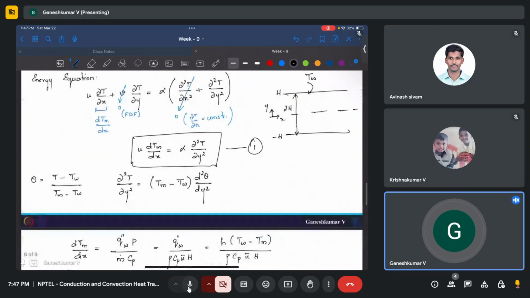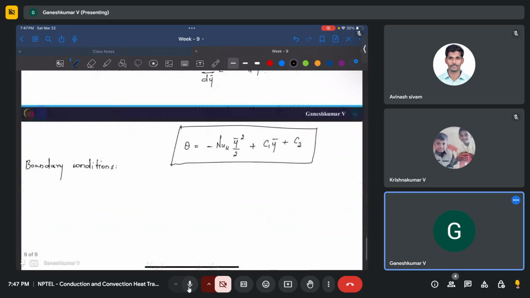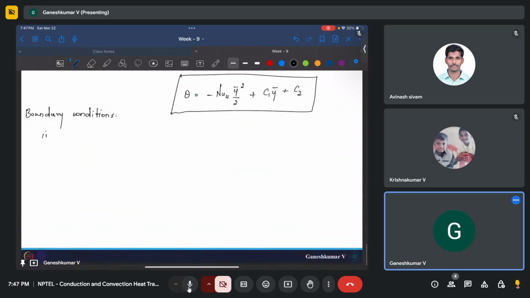So basically at y equal to h, which is nothing but y bar equal to 1, your T is T wall, and if that is the case, theta is nothing but 1. Theta is T minus T wall by T mean minus T wall.